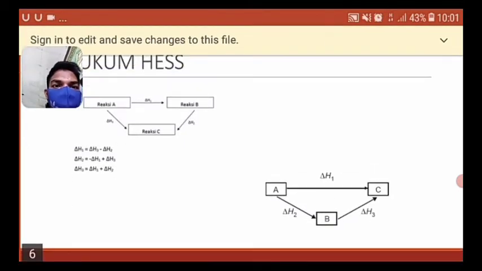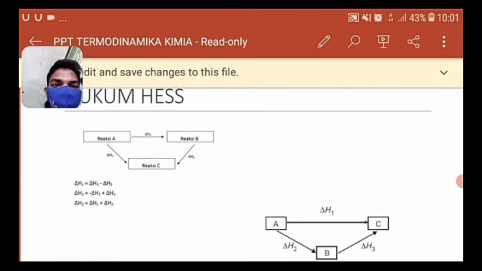Below you can see some equations. With these equations, you can find the answer when you have a problem to solve. It makes it easy to solve a couple of equations related to Hess's law. This is delta H1.